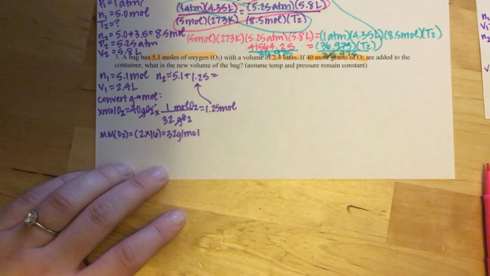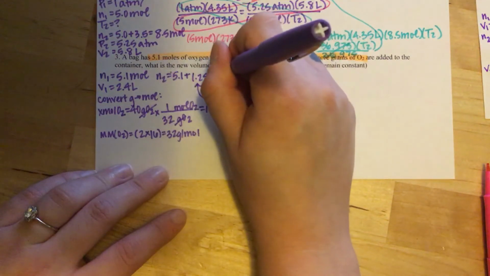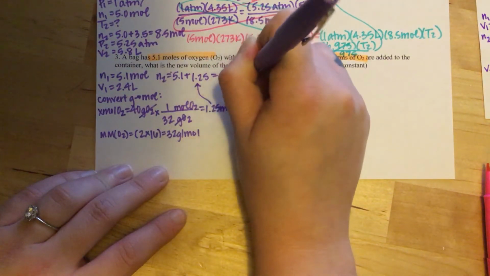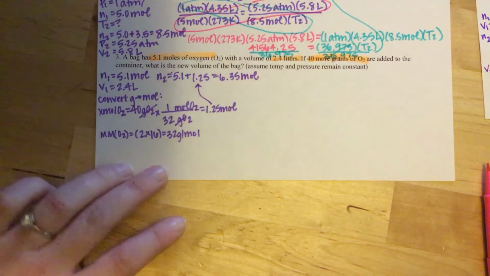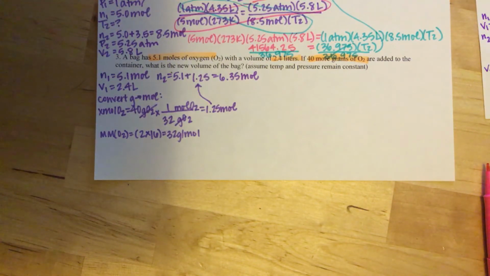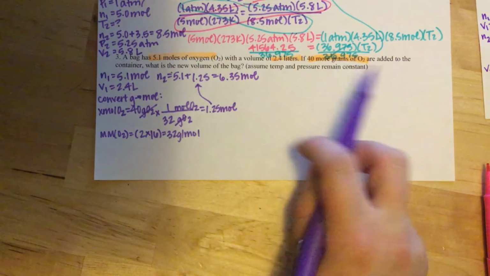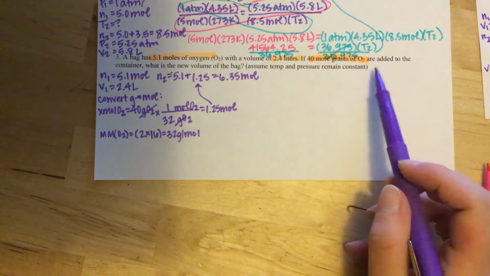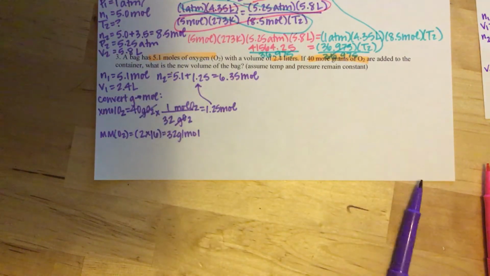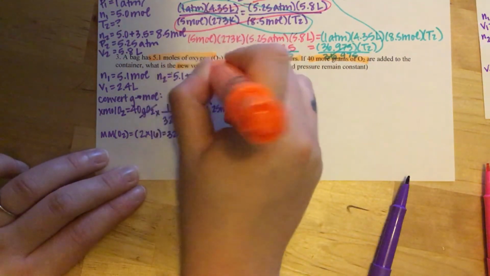So be really careful. My N2 is actually 6.35 moles. So we've accounted for this 40 grams of O2 that we add to the container. What is the new volume of the bag?